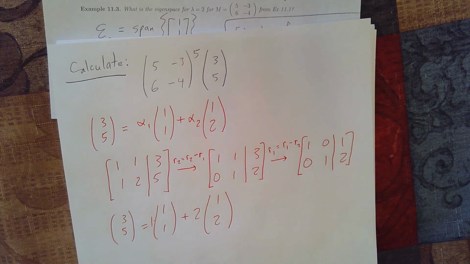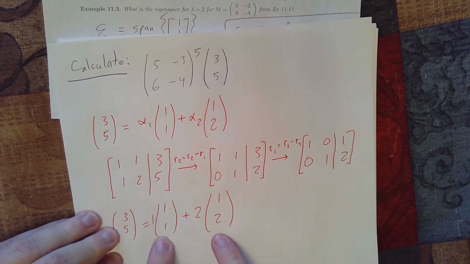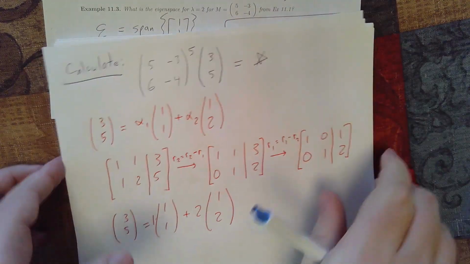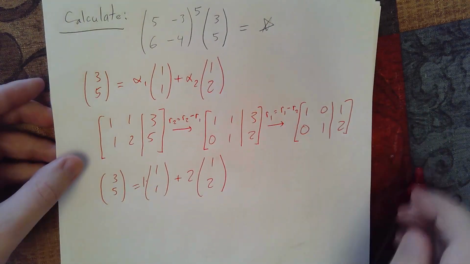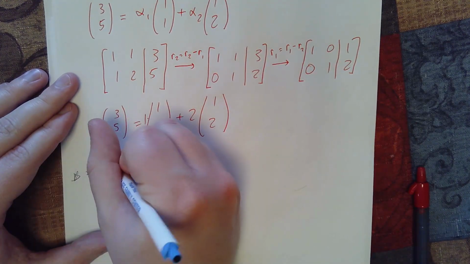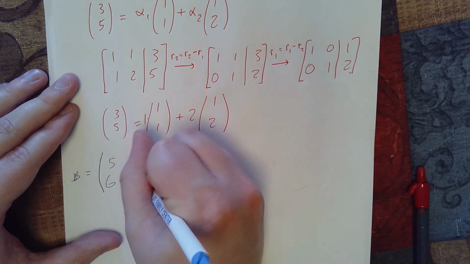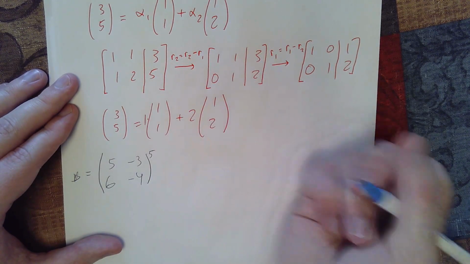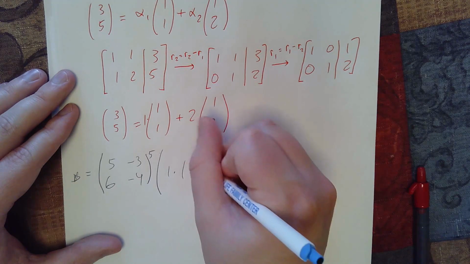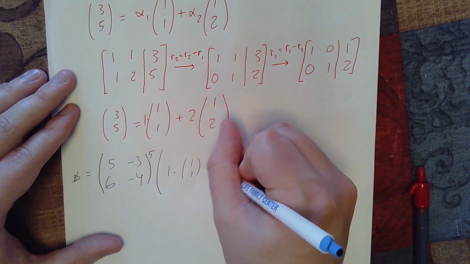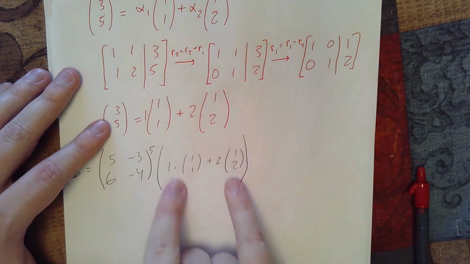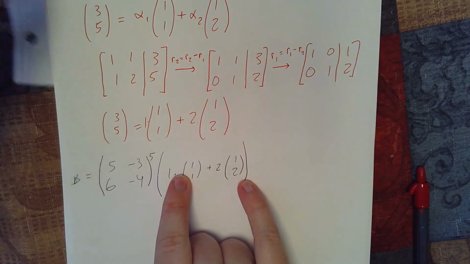And so with this in mind, and knowing what our eigenvalues are associated with this, we can take this equation, which will now be equal to the matrix 5, -3, 6, -4 to the 5th power times 1 times the vector (1, 1) plus 2 times the vector (1, 2). So all we've done is we've replaced (3, 5) with its linear combination from the eigenbasis.